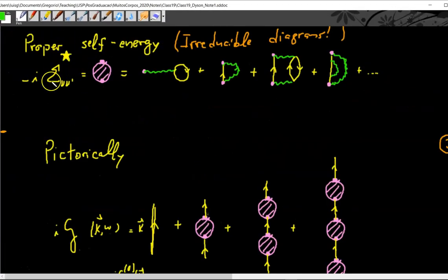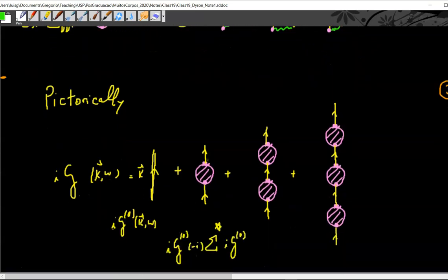So pictorially, if I define my proper self-energy this way, I can go back and look at my interacting Green's functions. And here I'm representing this as this sum, okay?